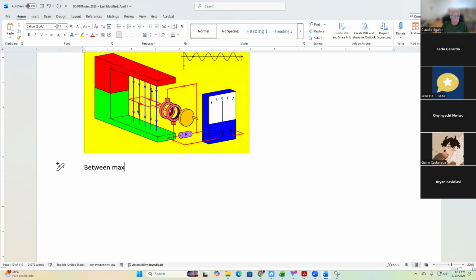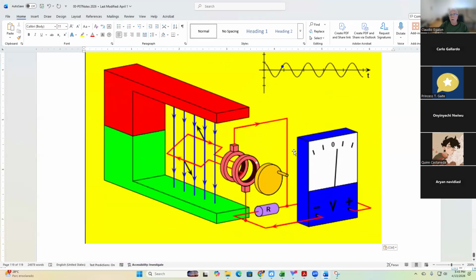Between maximum B flux and 0 B flux, B flux decreases. This one here.